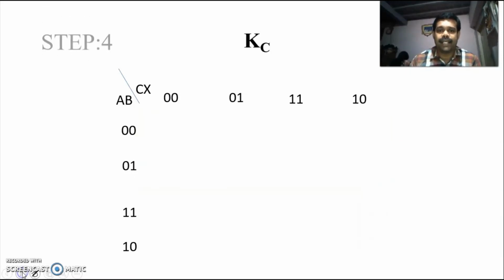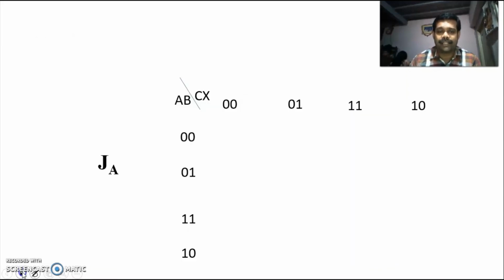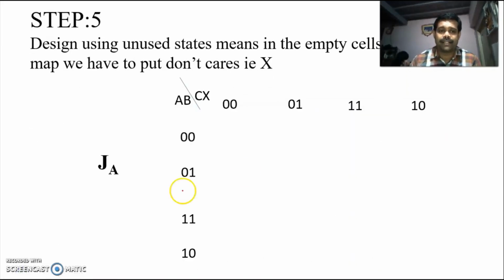Similarly, JC and KC. Next, in the remaining places, by looking at the column, we have entered all the things because we have entered the zeros, ones, and X. So the remaining places are nothing but unused states. In unused states, we have to put don't cares.